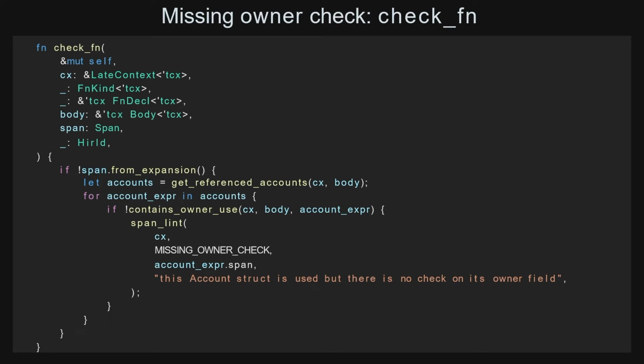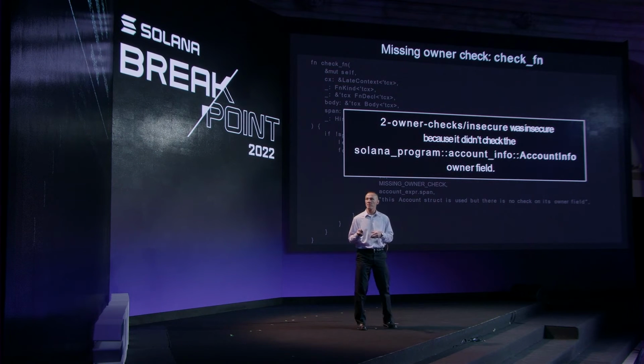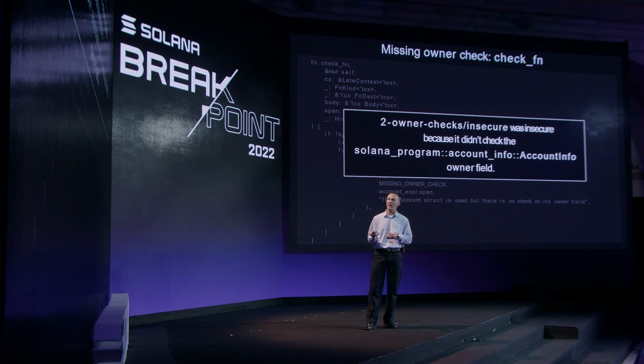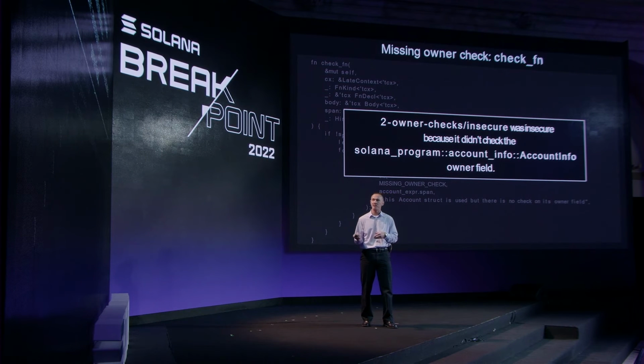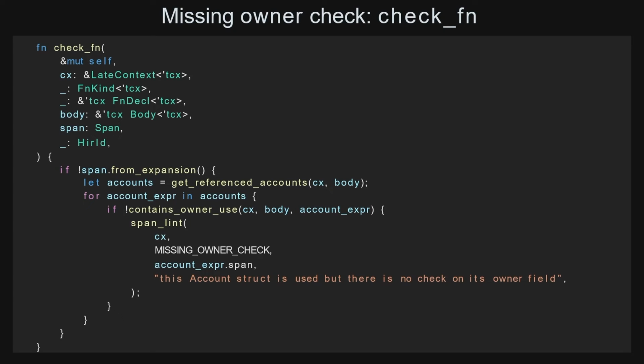Before we get into too much detail, I just want to remind you what the vulnerability was in the insecure example. The vulnerability was that it made reference to a Solana program account info struct, but didn't check its owner field. So this is the lintable condition that we want to identify with this lint. The way this works is as follows.